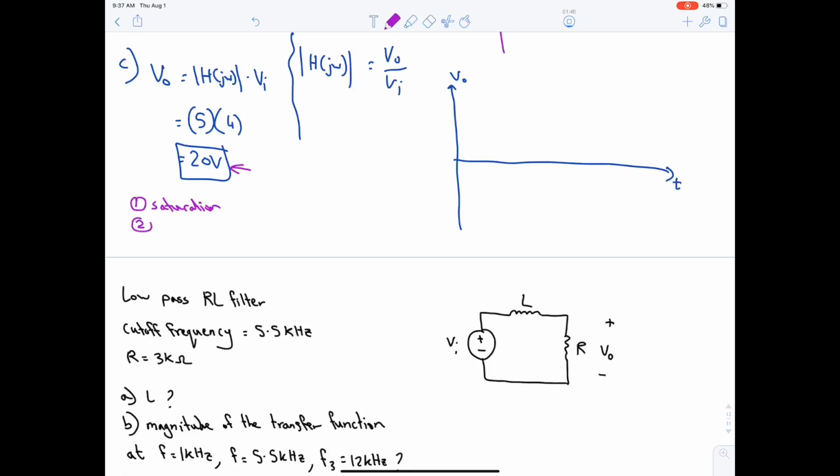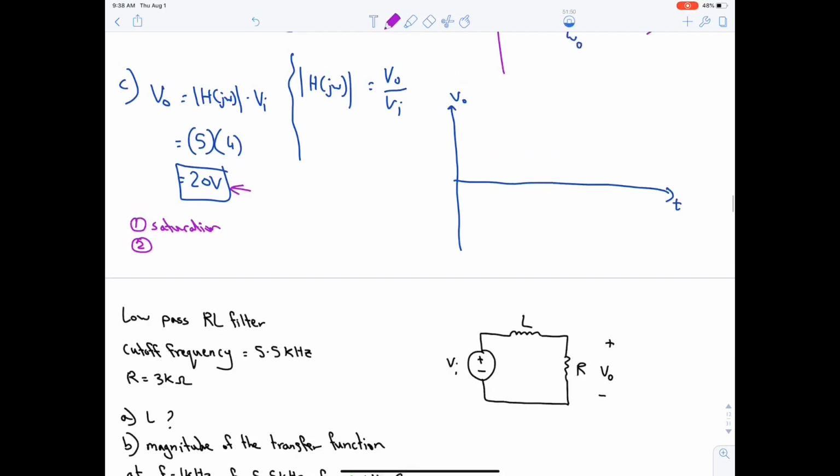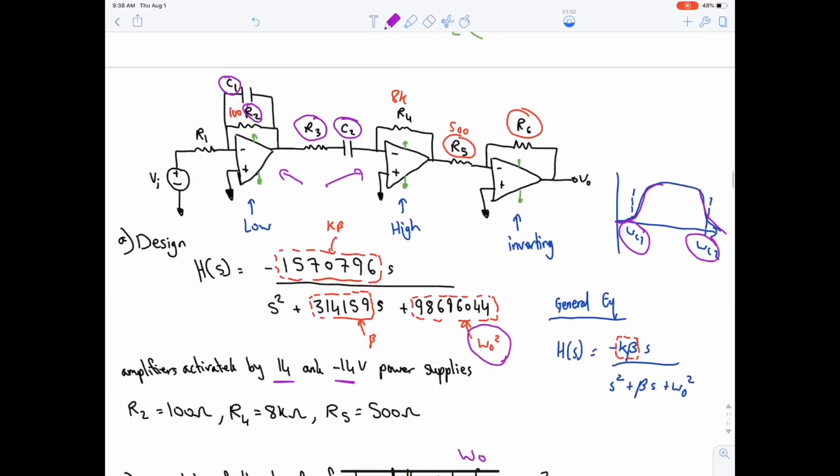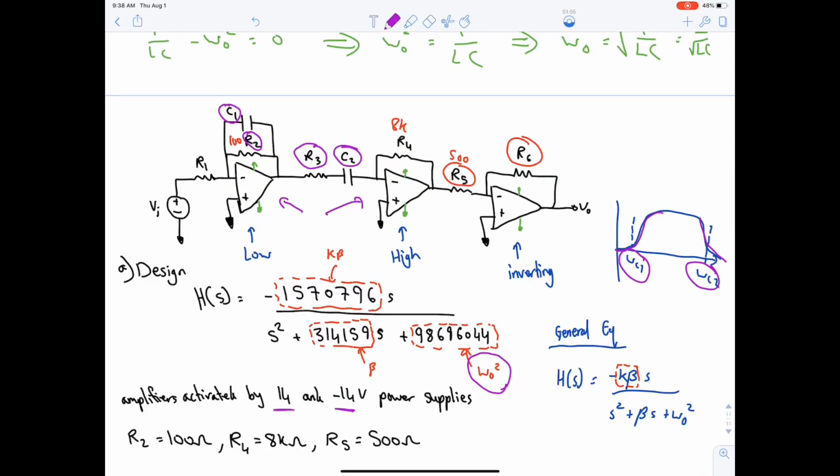Second trick is that we have to invert the graph. Reason being, this is an active amplifier. Those amplifiers are reversing your sign. So if V input is 4, the output will be minus. If the input signal is minus, it will be inverted to positive.